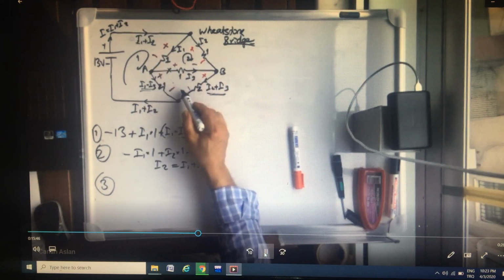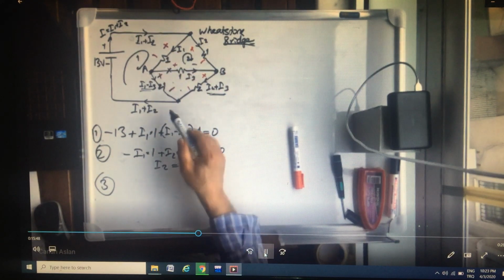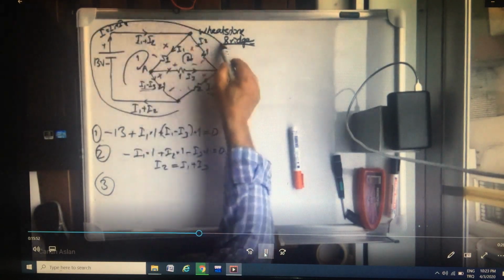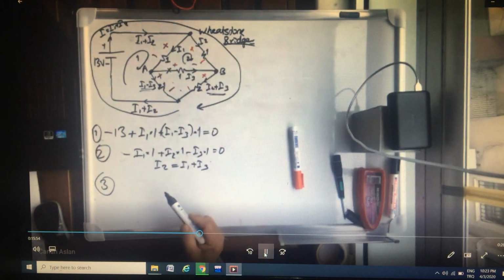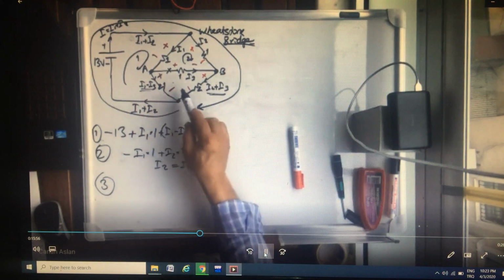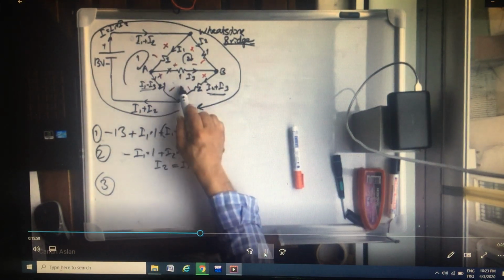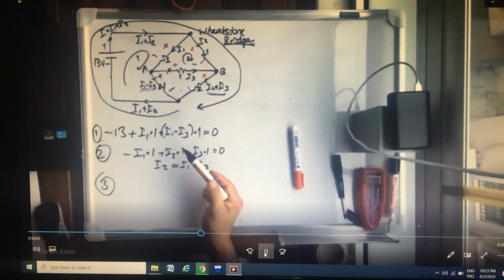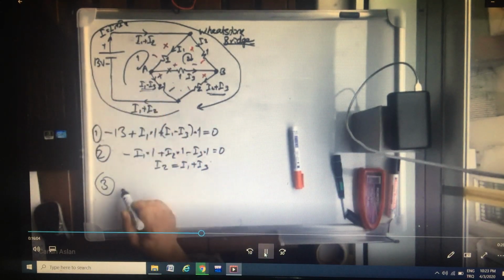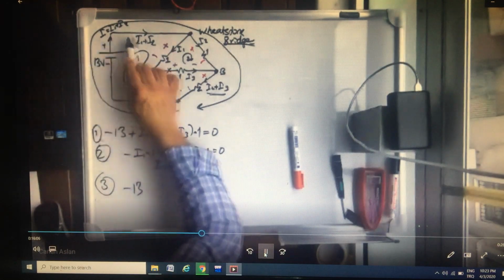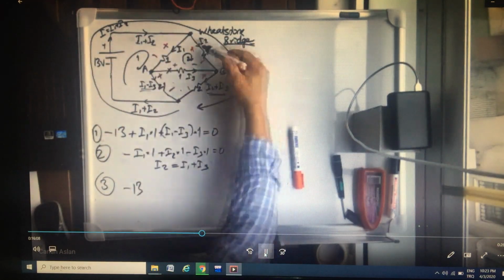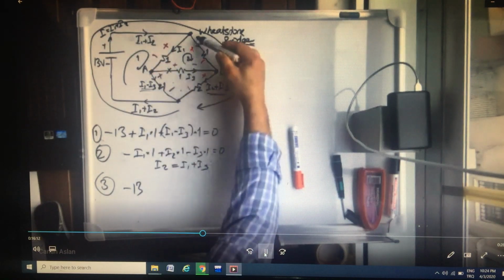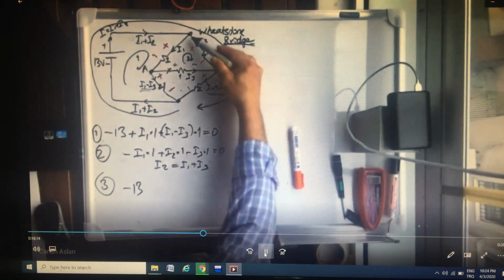Instead of doing this loop analysis, I can do another loop, which is the outer loop. Wow, this is interesting. So I go all the way around this circuit and complete the whole circuit instead of doing this. You can also do this one, but this is another one that you can use. Minus 13 there. I'm moving this. Now I'm outside. I'm not really getting any information from the inside resistance, only outside ones.